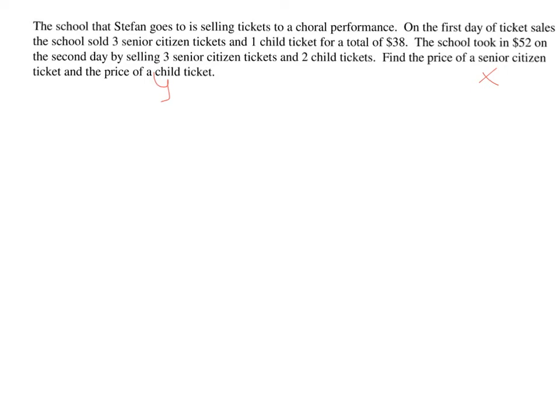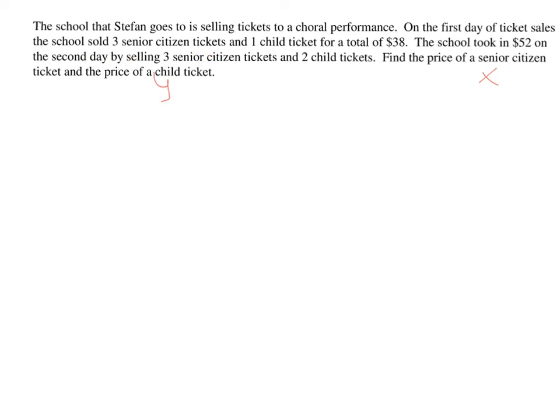Next, we are going to just break down the sentences one at a time. So the school that Stefan goes to is selling tickets to a choral performance, so they don't really give us any information there, just that they're selling tickets. On the first day of ticket sales, he sold 3 senior citizen tickets and 1 child ticket. So I need to represent 3 senior citizen tickets.